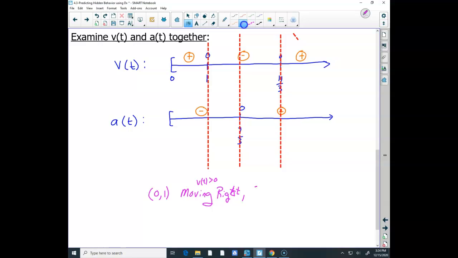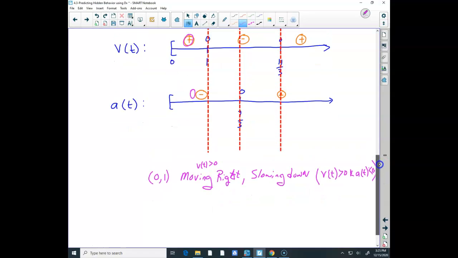I'm moving right but slowing down, and I can justify this all: v of t is greater than 0, which means I'm moving right, and I'm slowing down because a of t is less than 0, meaning they're working against each other. I got a positive here and I got a negative here. So I'm moving right and slowing down.